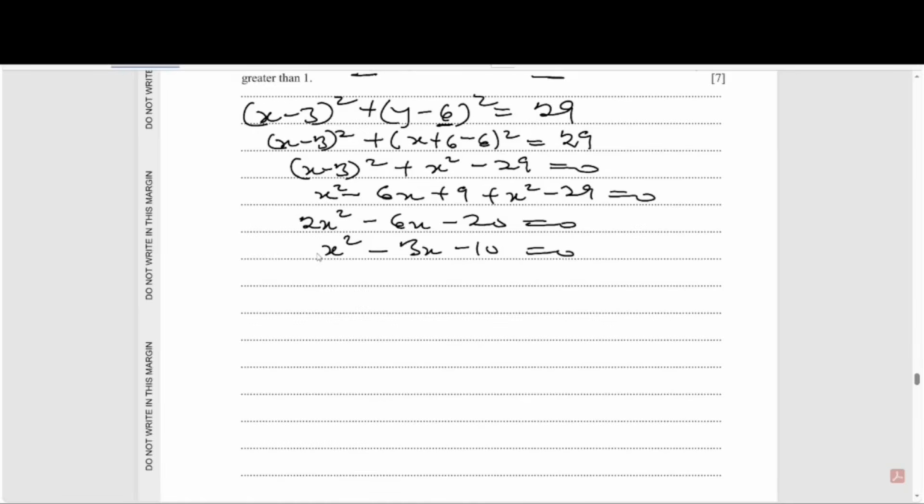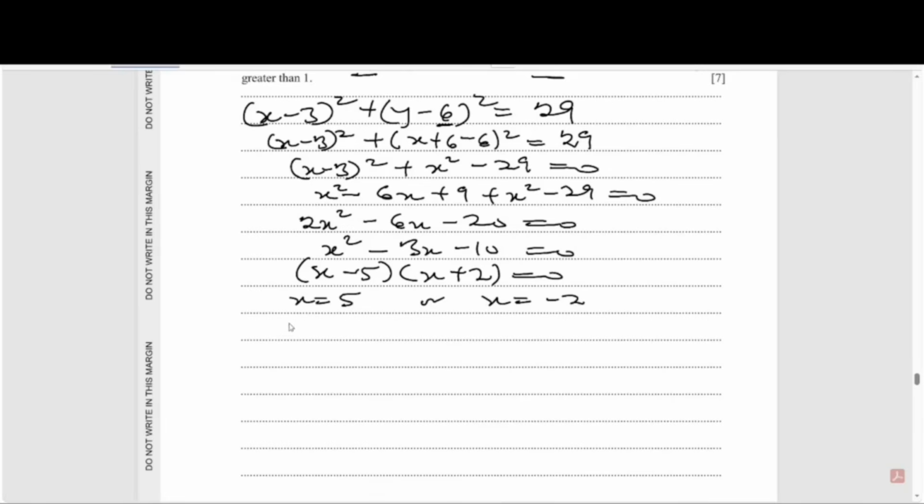Then for 10 we have 5 and 2: (x minus 5)(x plus 2) is equal to 0. We have two values for x: x is equal to 5 in this one, or x is equal to negative 2 in this one.